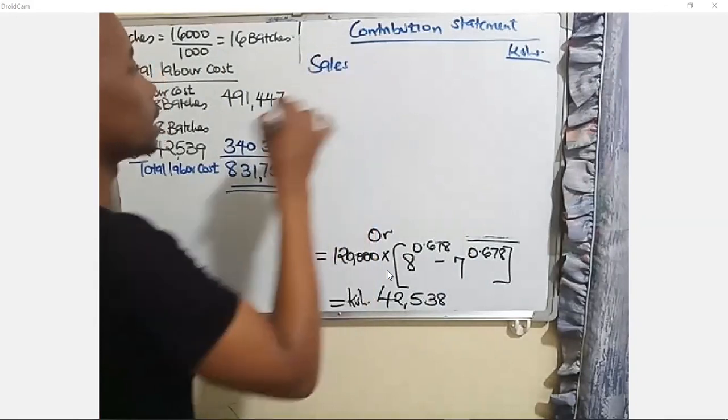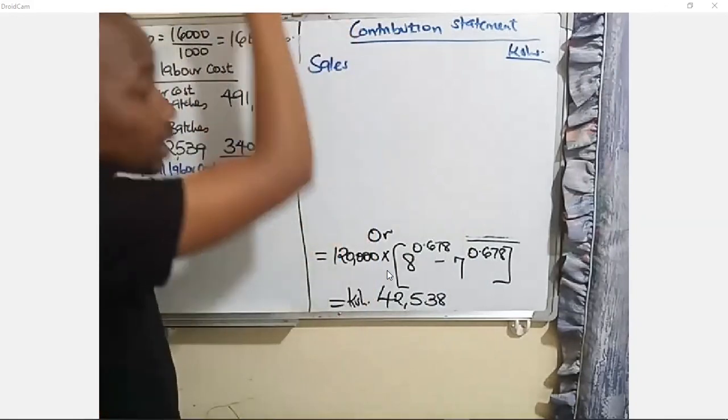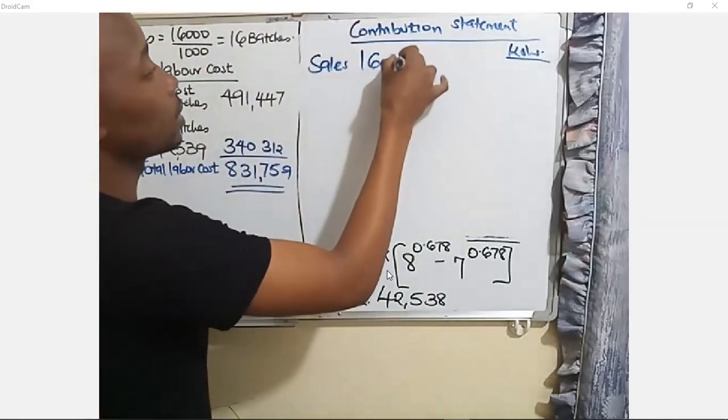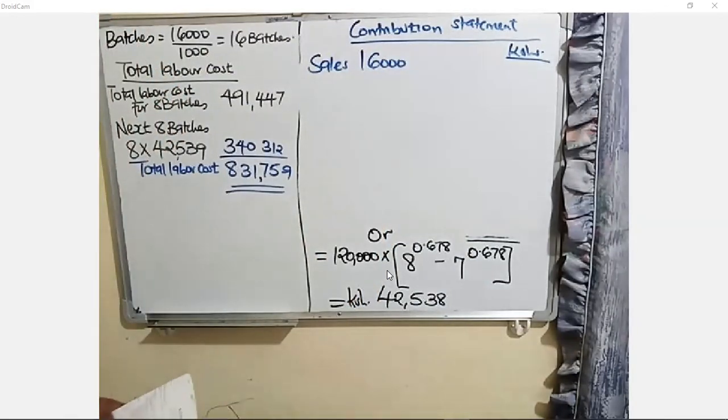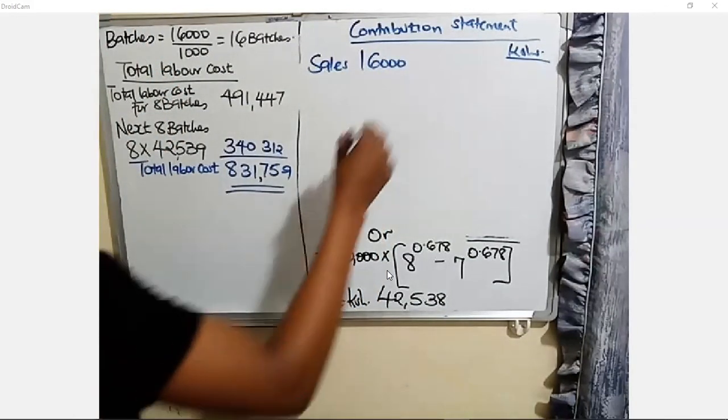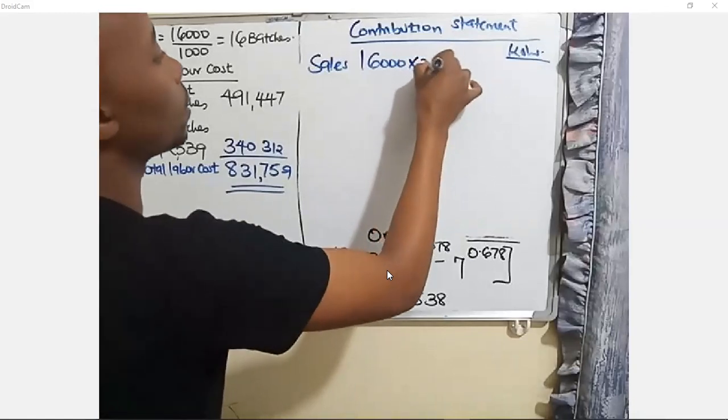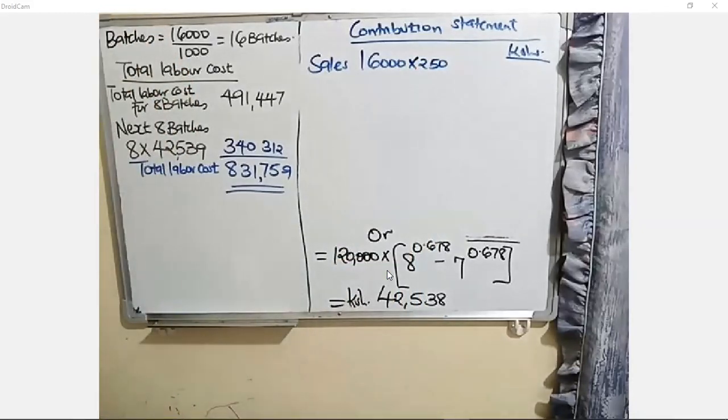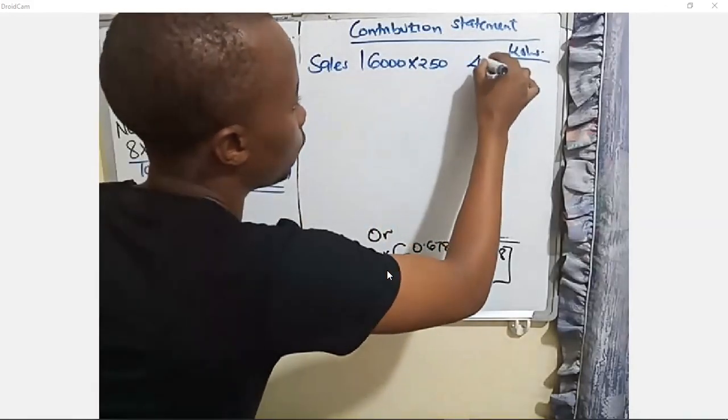I take 16,000 times the selling price per unit, which is 250. How much are we getting? 4 million.